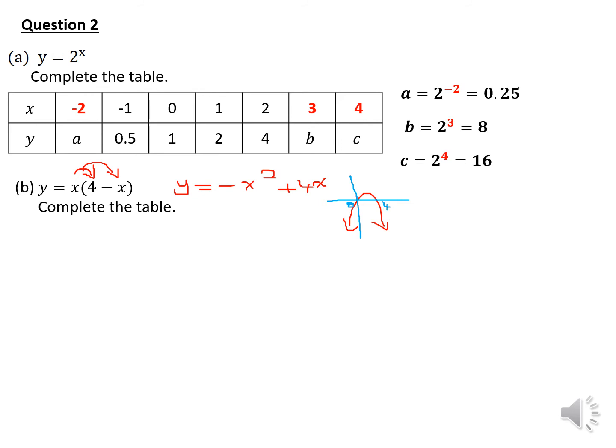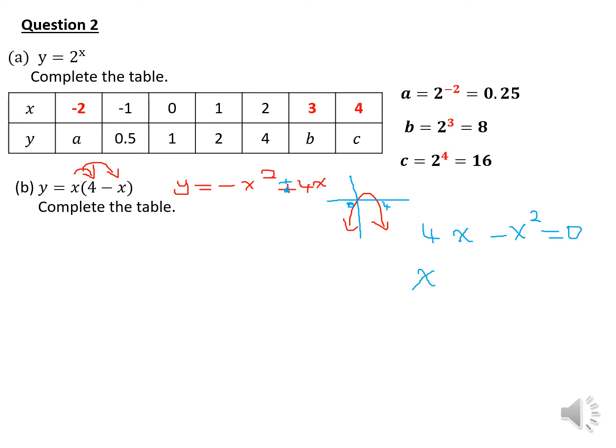The way I know it will be 4: if you take this equation, 4x minus x squared, that is x times 4 minus x, and if it equals 0, you solve it by taking out a common factor.